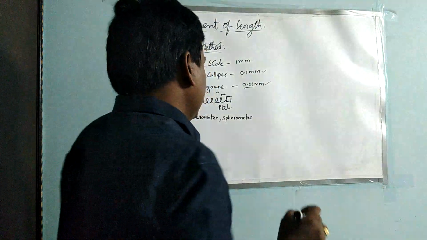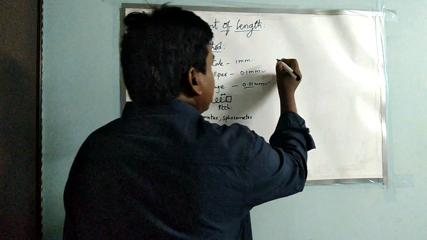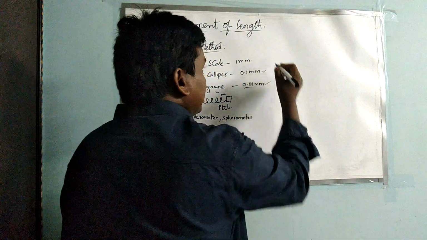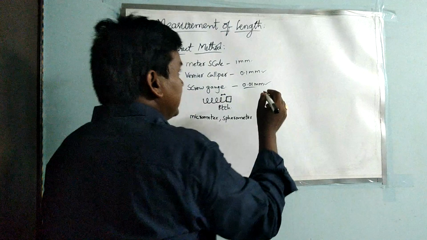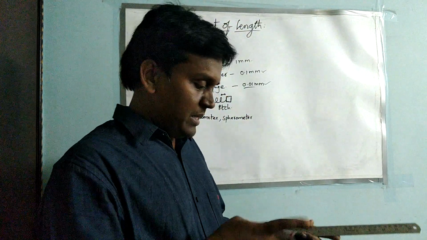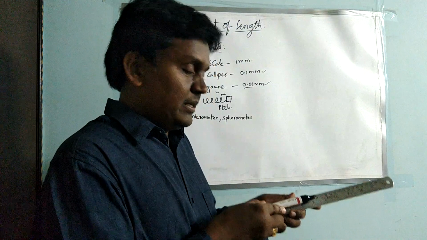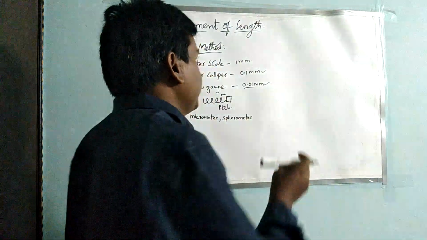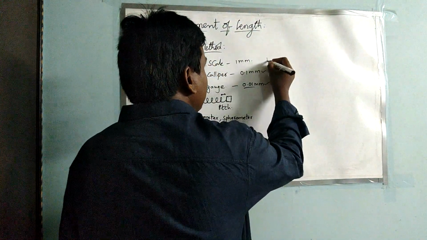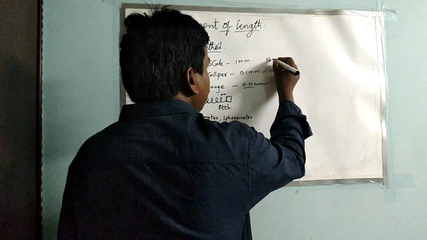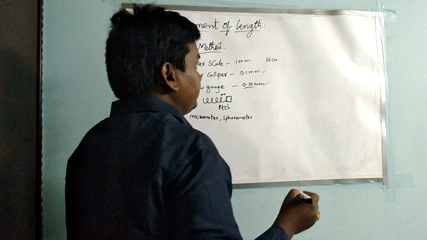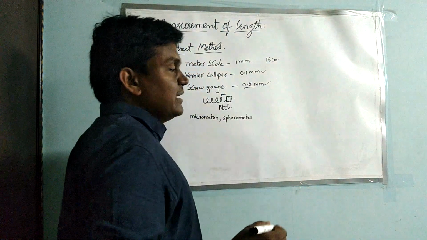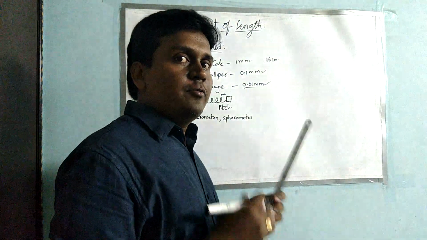And here if I take an object, for example you consider this pen, its length measured with a 30 centimeter scale or a meter scale is 16 centimeter. So by using a meter scale we can measure the accuracy of least count up to 16 centimeter. And coming to the vernier calipers, we can go further.